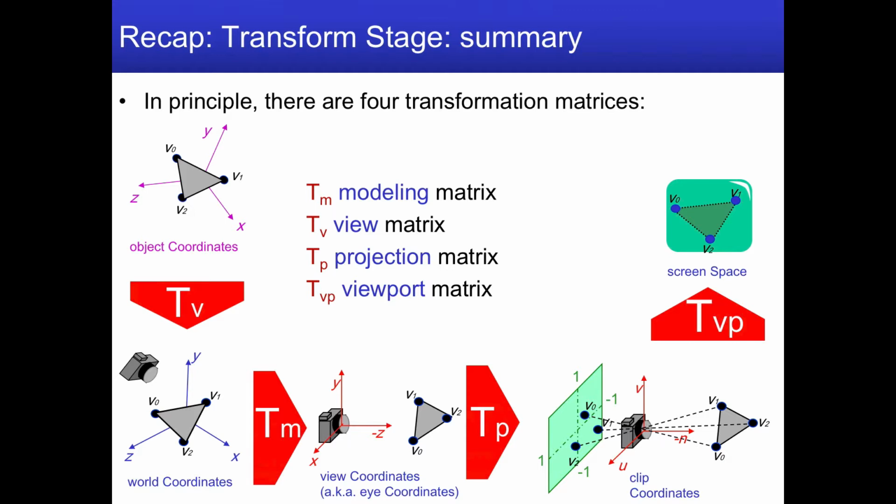Come on, guys, I told you that multiple times. What do you do? You multiply by the model matrix, view matrix, projection matrix, right? Is it clear? Because otherwise that's a problem.